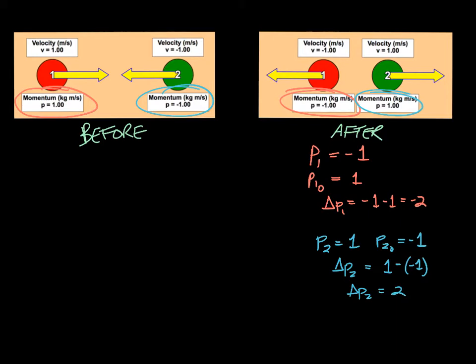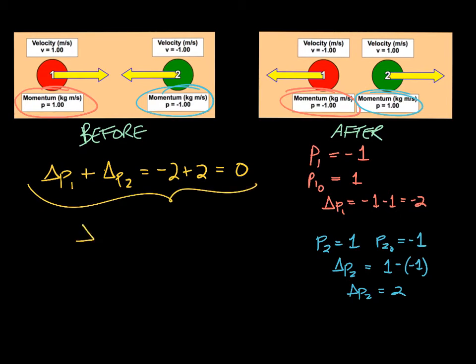So if I were to sum the momentums, change in momentum 1 plus change in momentum 2, I'm going to get -2 plus 2, or 0. And what that means is that the sum of the changes in momentum in a system is 0.